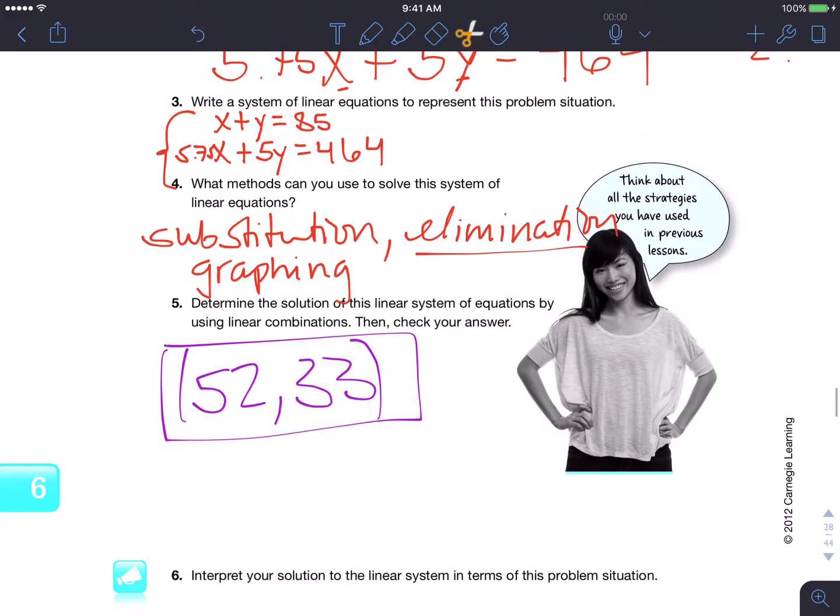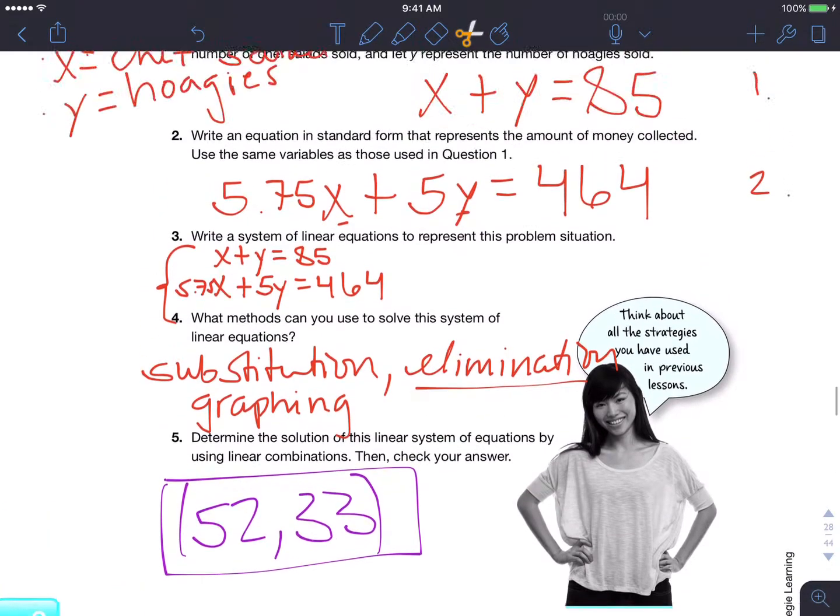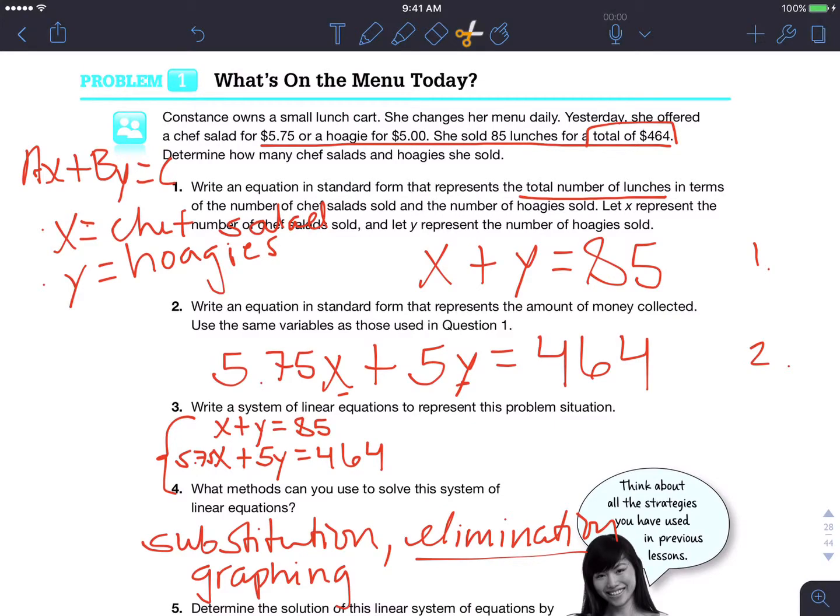So what this problem is saying is that x is 52, y is 33. So remember, x is chef salads, right here, and y is hoagies.